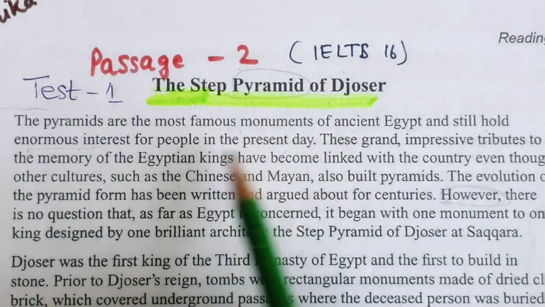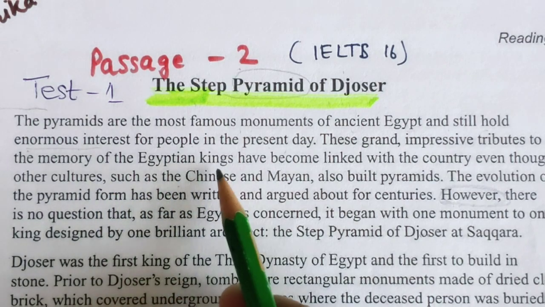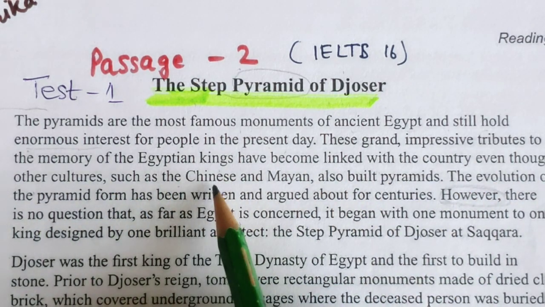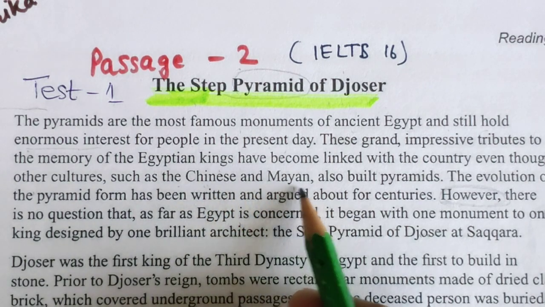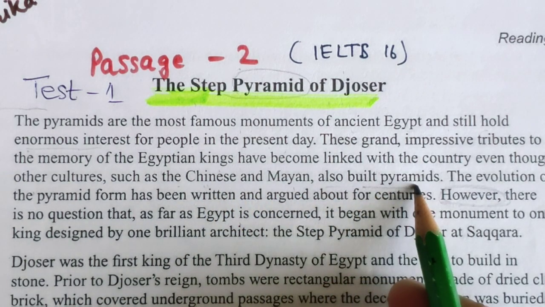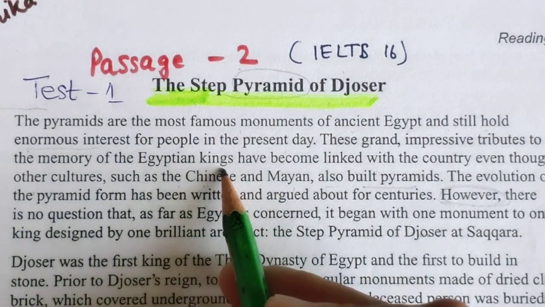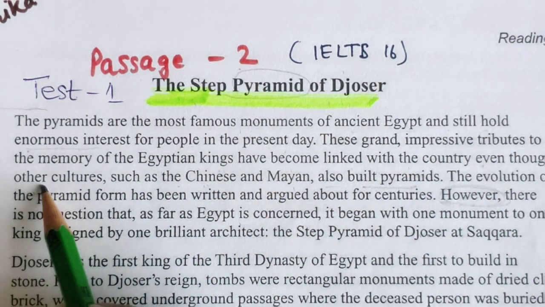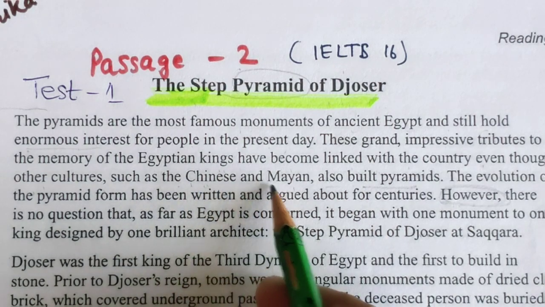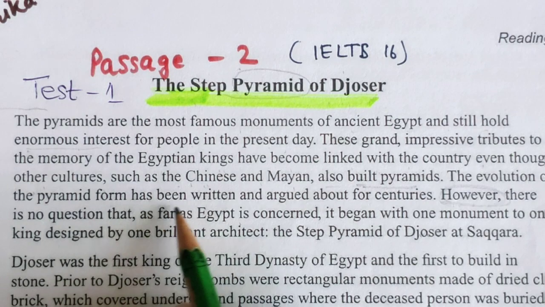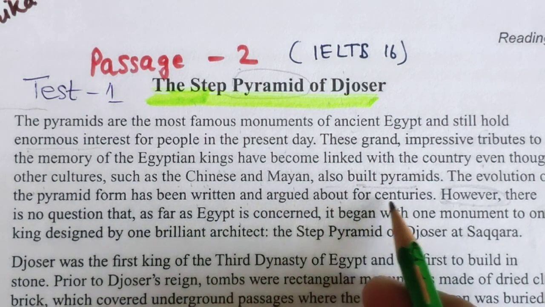Okay, "these grand impressive tributes to the memory of kings have become linked with the country, even though other cultures such as Chinese and Mayans also built pyramids." The evolution of the pyramid form has been written and argued about for centuries.